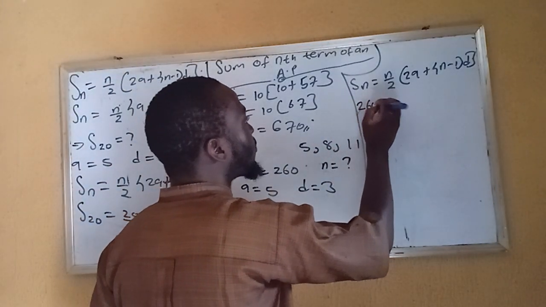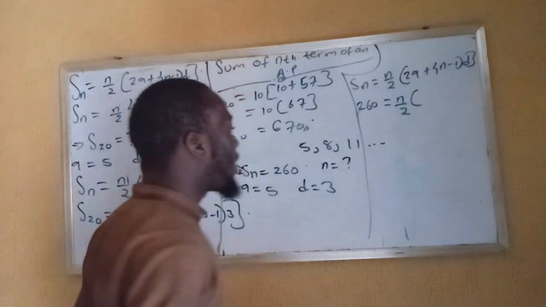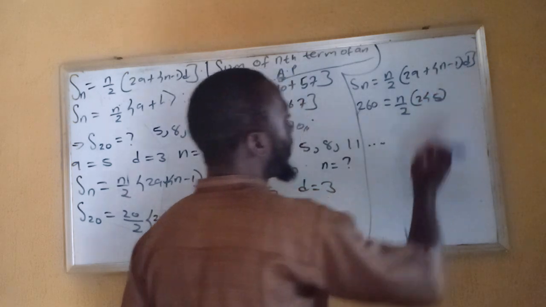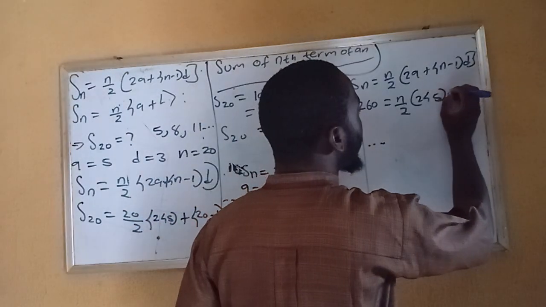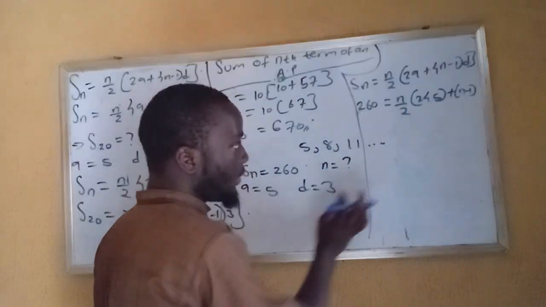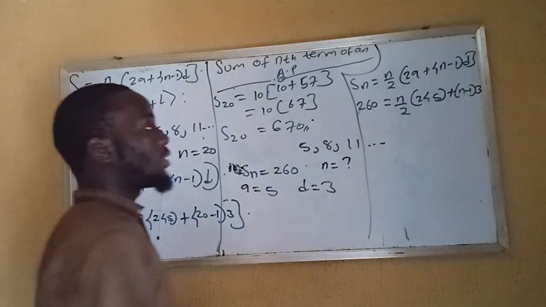Our Sn is 260, our n we don't know. So n over 2 into bracket 2 times 5 plus n minus 1 times d, and our d is 3.